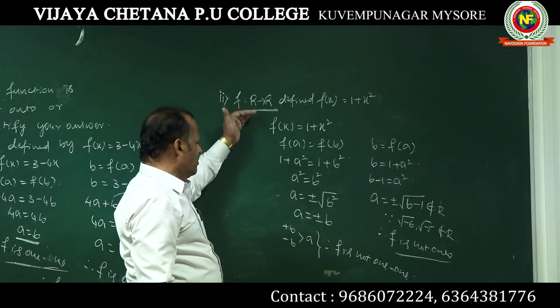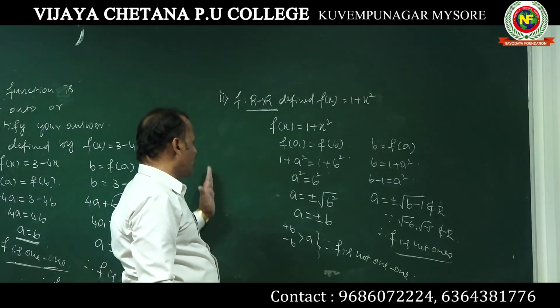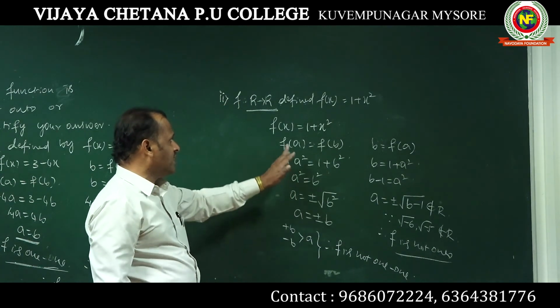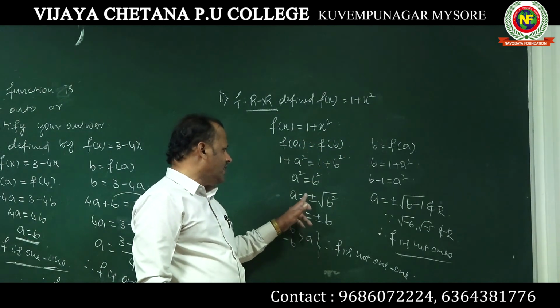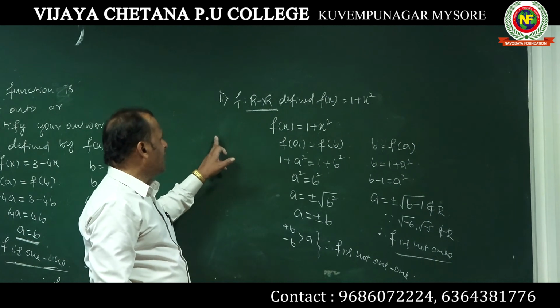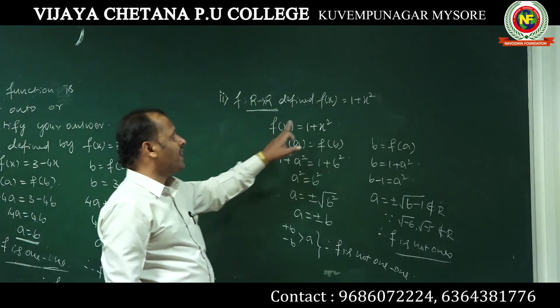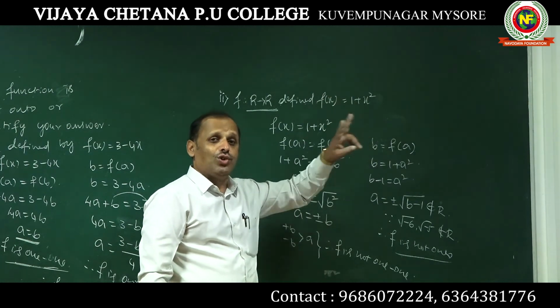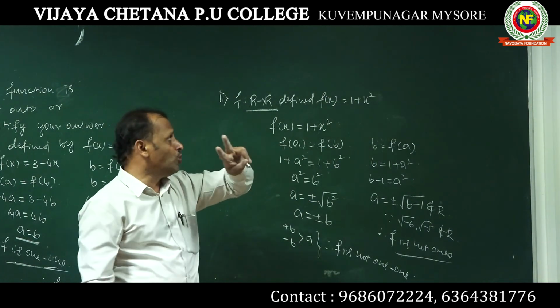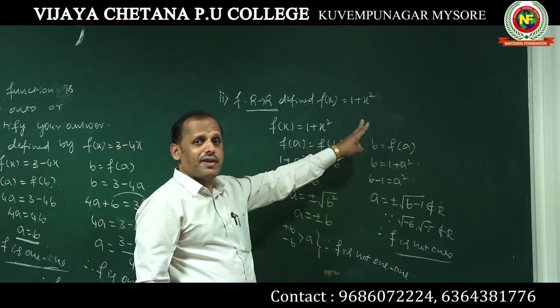If you take any number here, whatever it is, when a square comes, then we take plus or minus. If you take f of minus 1 and f of 1, both are 2. Two different elements of the domain have the same image.